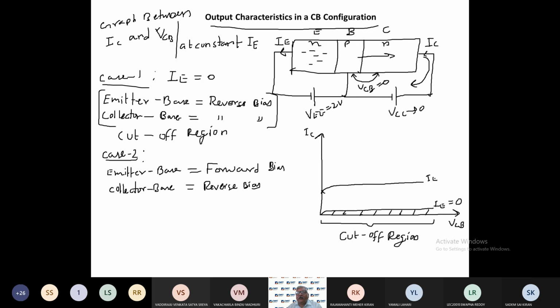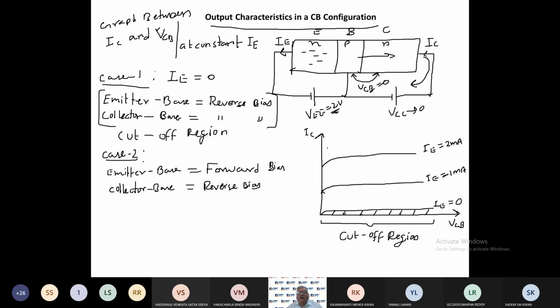Suppose with the application of 2 volt at VEE, let us assume the value of IE is 1 milliampere. So you will get this type of curve. Now you increase VEE to 4 volt, then you will get this type of curve, because now your value of IE is, suppose, 2 milliampere.